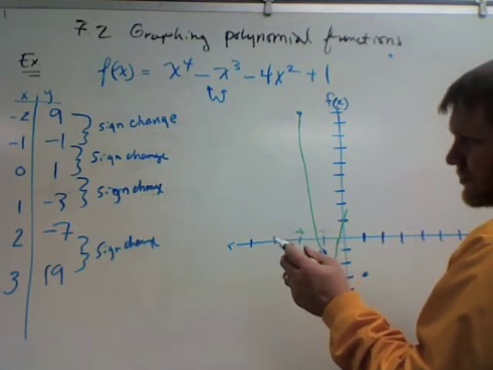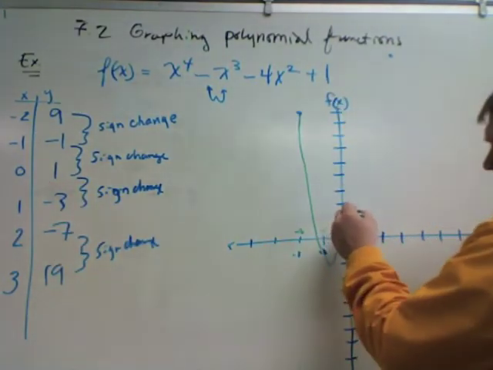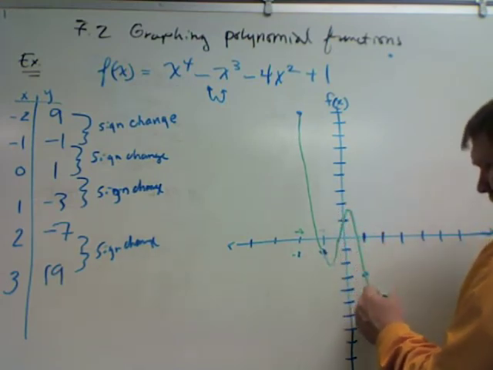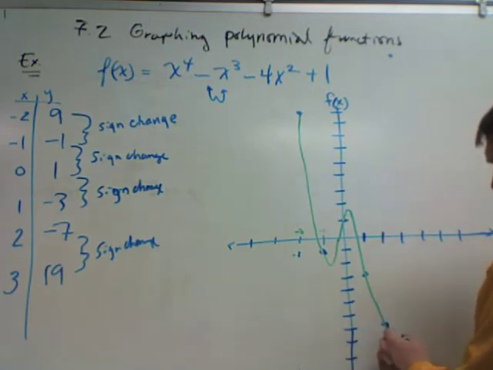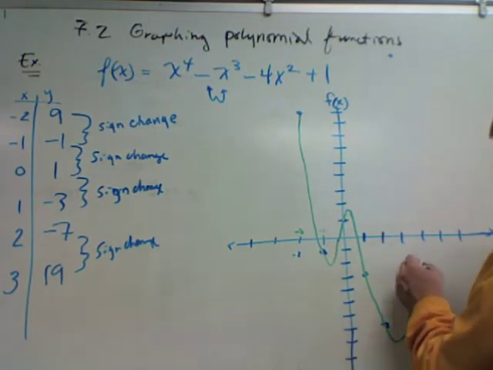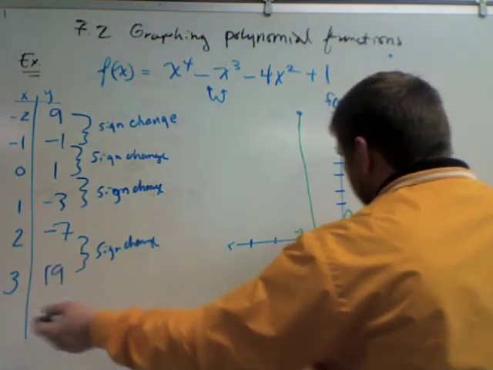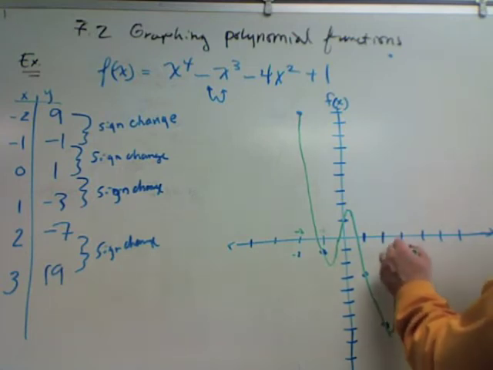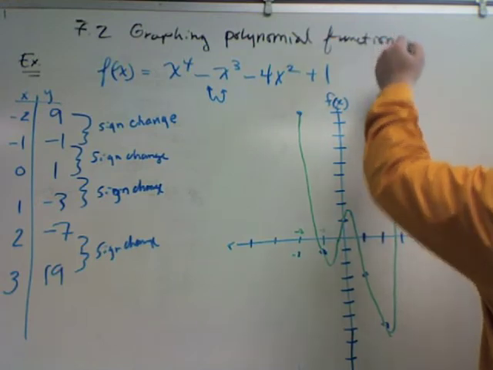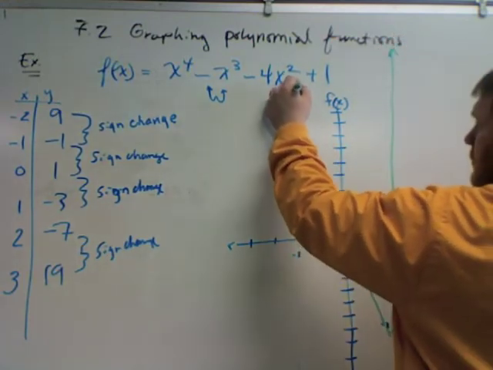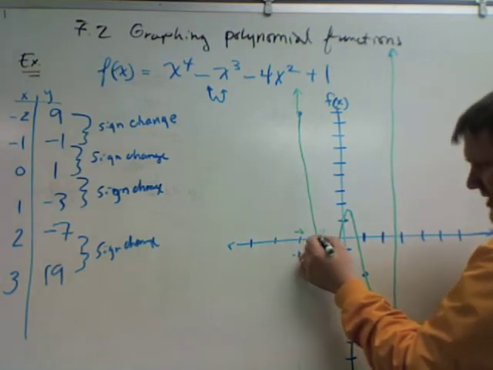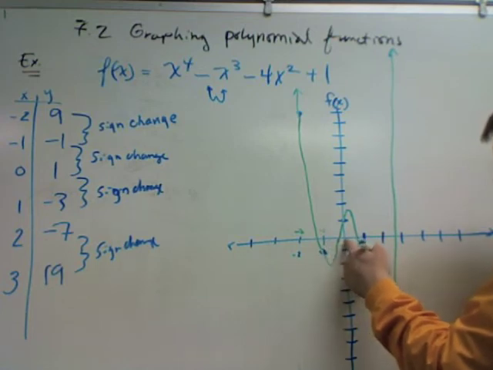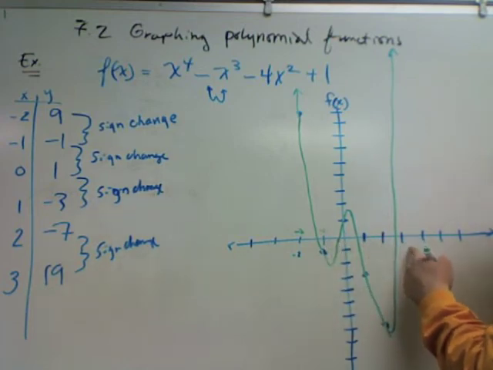Then between 0 and 1, it's got to go up through here, make a turn somewhere, and come back down, touch this point, and then come back up between 2 and 3. I need to make that a little sharper. Okay, there we go. Now these are more exact because I know they have to go between negative 2 and negative 1, negative 1 and 0, 0 and 1, and then 2 and 3.